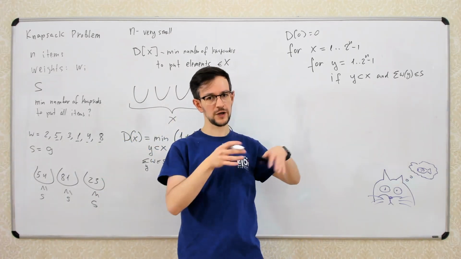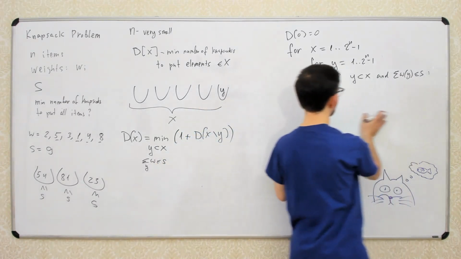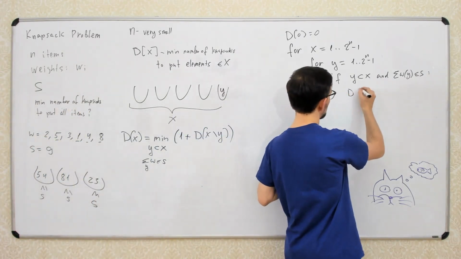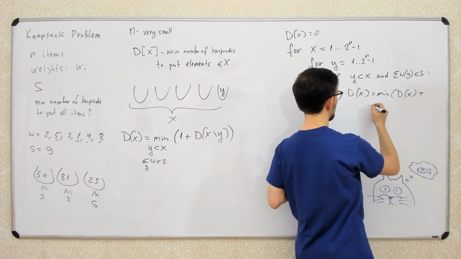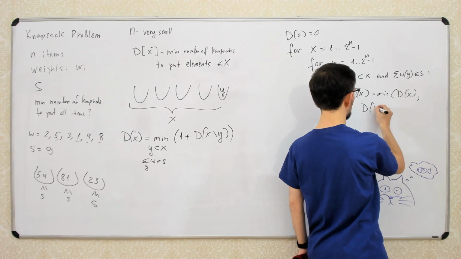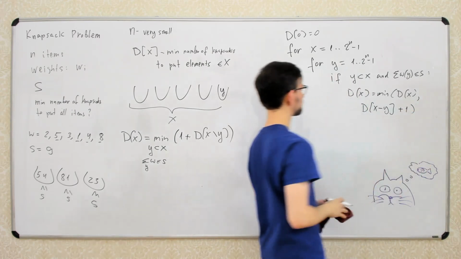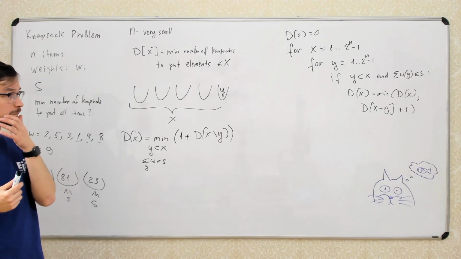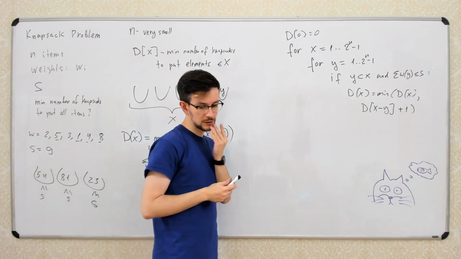You can pre-calculate the sum of weights for all sets in another loop, and then you use this formula. Let's say D of X equals the minimum of D of X and D of X minus Y plus 1. Okay. That's all. That's a solution for the problem.